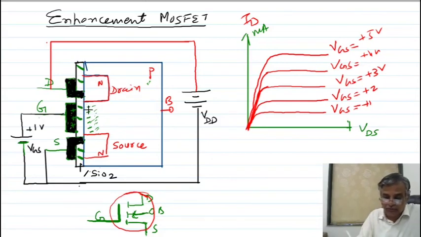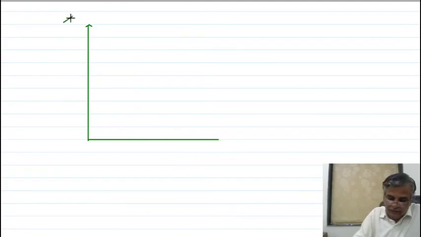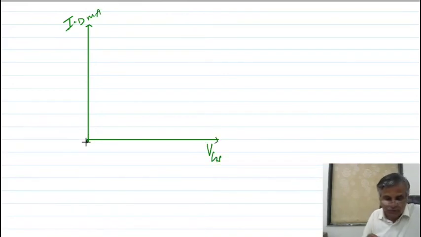If I plot a graph of drain current versus VGS, for 0 current does not flow, for an enhancement MOSFET.